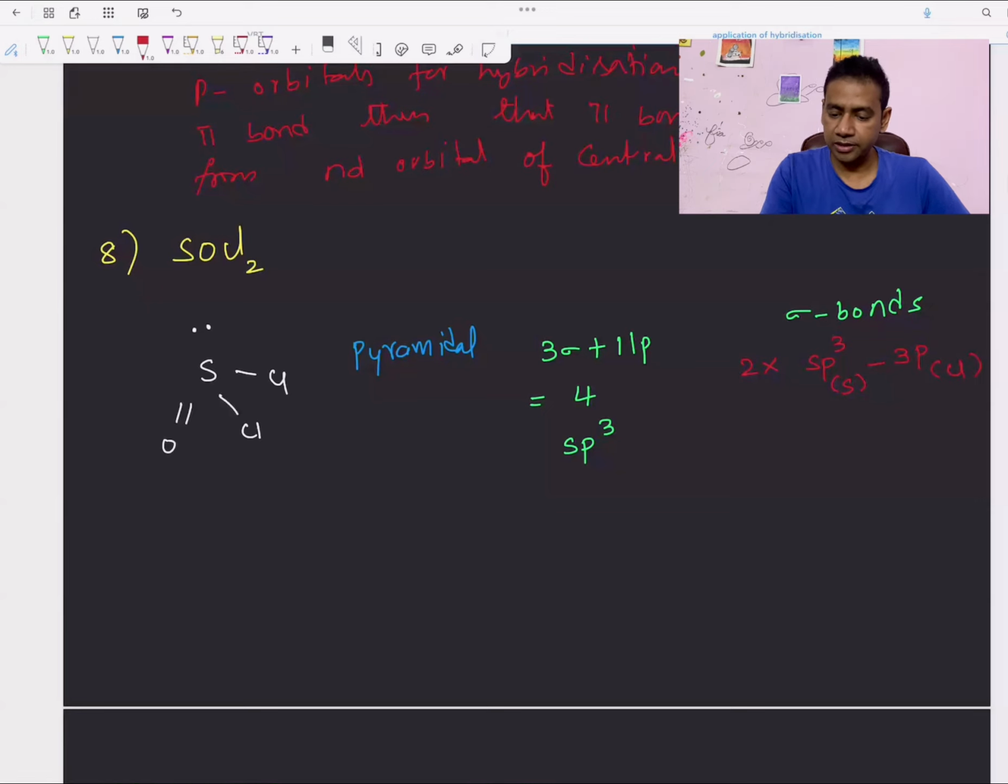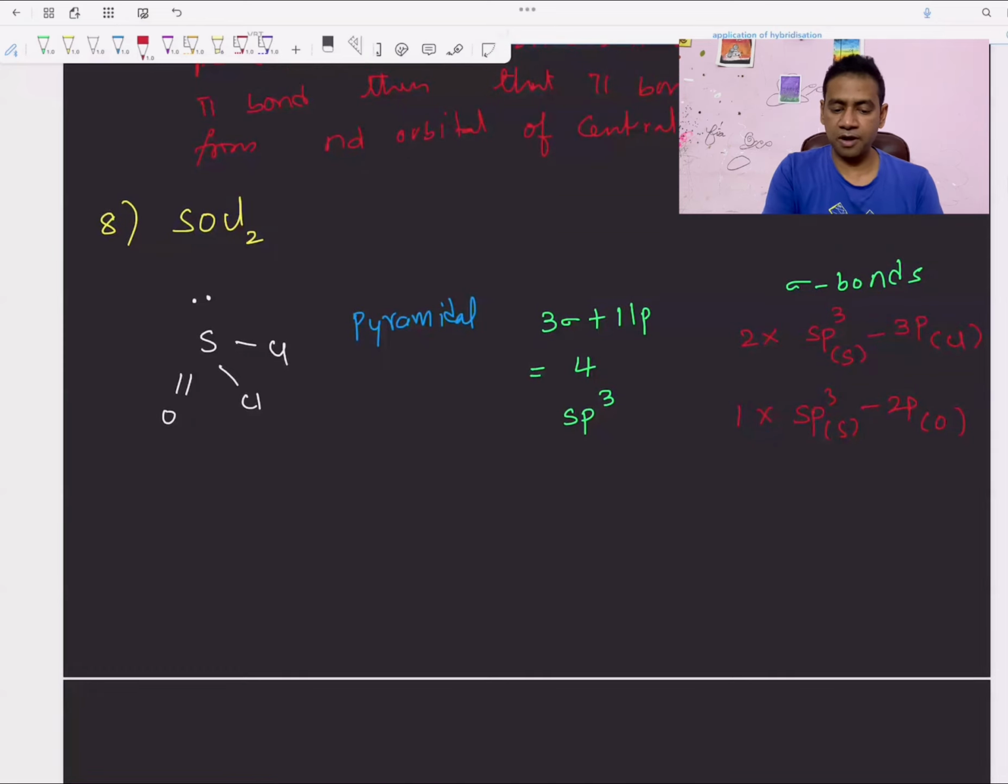And there is one more sigma bond, formed from the overlap of sp3 of S with the 2p orbital of oxygen. Chlorine belongs to the third period and has 3p orbitals to overlap, whereas oxygen belongs to the second period and has 2p orbitals to overlap with hybrid orbitals.